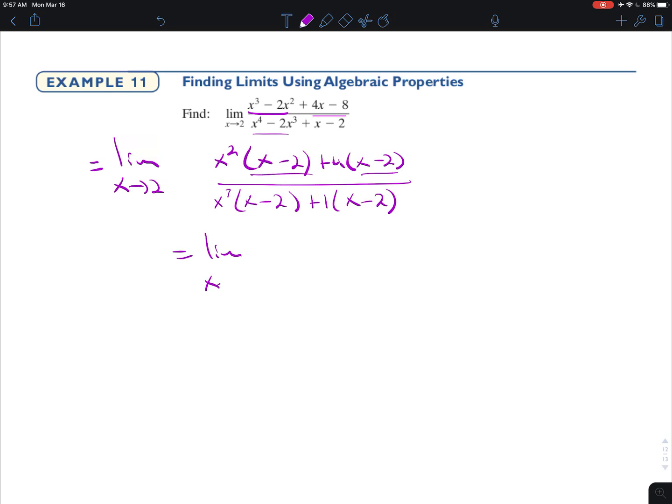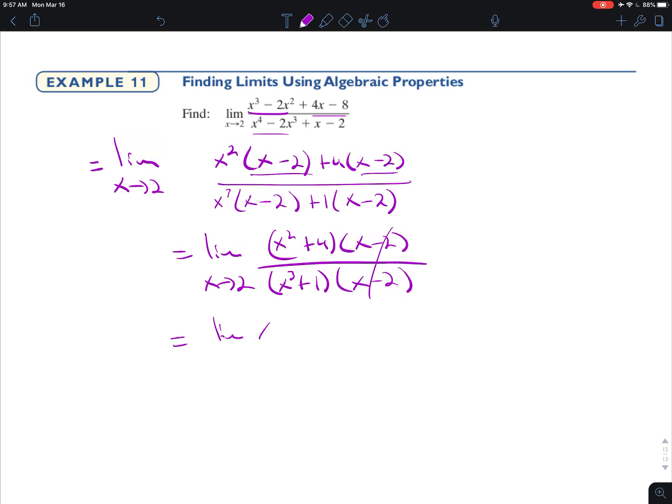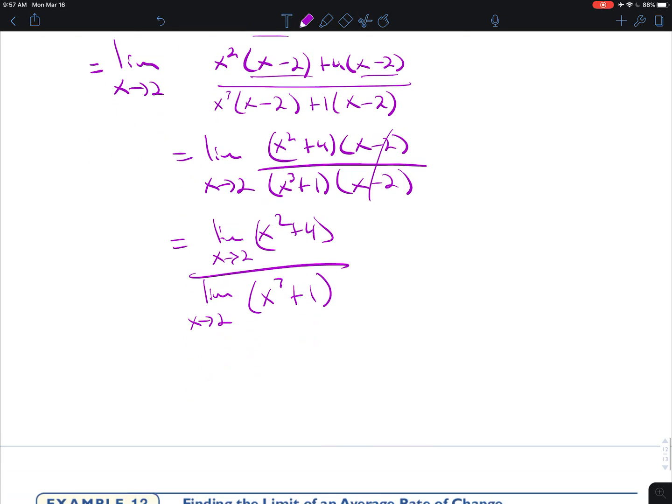If we clean this up, I can group the x squared plus 4, which are being multiplied to the x minus 2, over the x cubed plus 1 and the x minus 2. So that's going to cancel those out, which is equal to the limit as x goes to 2 of x squared plus 4 over the limit as x goes to 2 of x cubed plus 1.